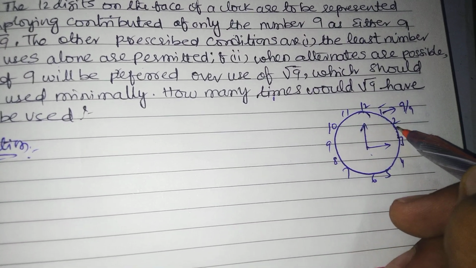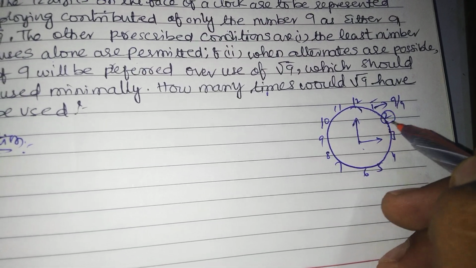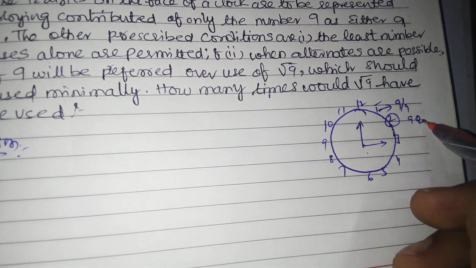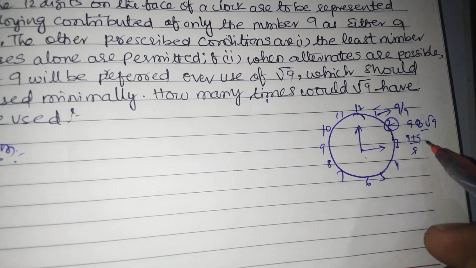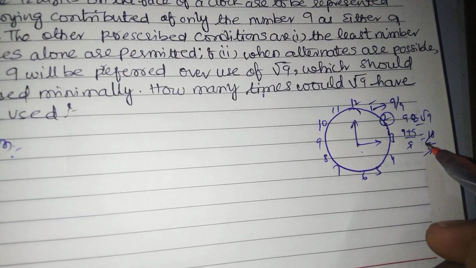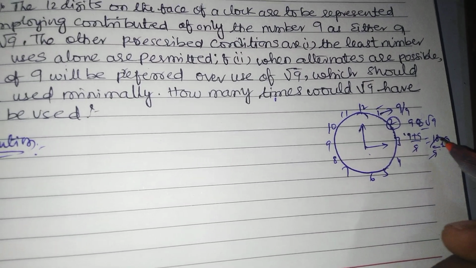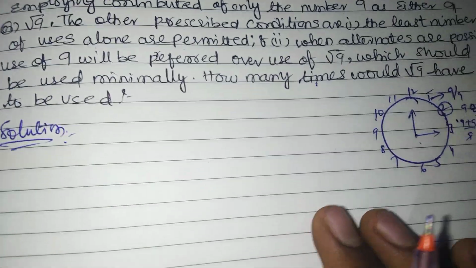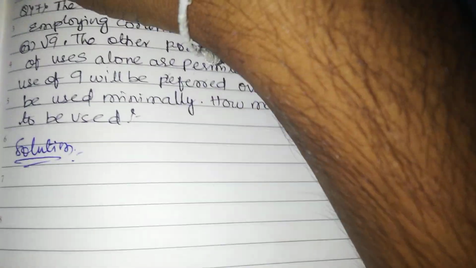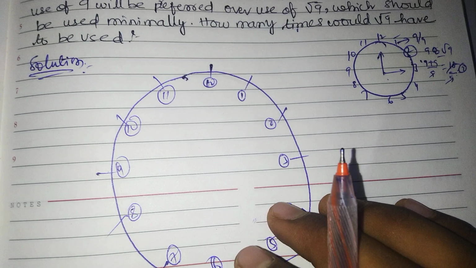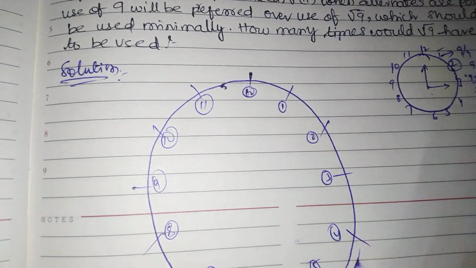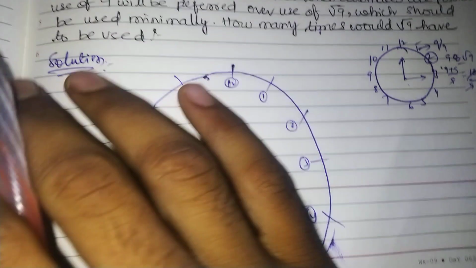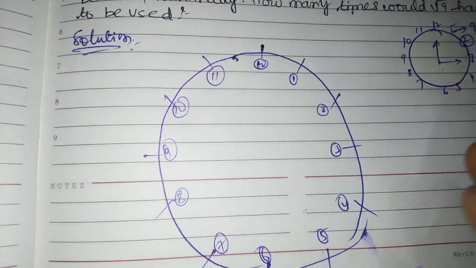We have to make 2 by using 9 and root 9. Simply 9 plus 9 by 9 becomes 18 by 9, it becomes 2, satisfied. So this is a solution. So we make it somewhat easy by drawing the figure again. I'm not at all good at drawing. So let's go for the answer.